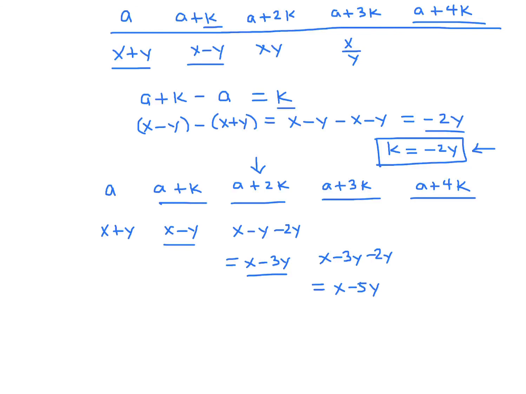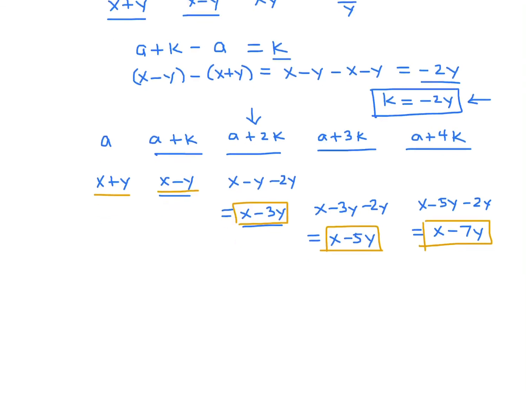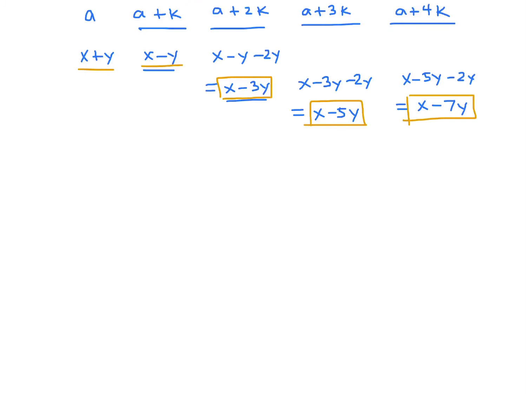And this term is, of course, x minus 5y plus k. K is minus 2y. And there you go, x minus 7y. So these are our values in terms of x and y. We have x plus y, x minus 3y, x minus 5y, and x minus 7y. Okay? So let's move this up.